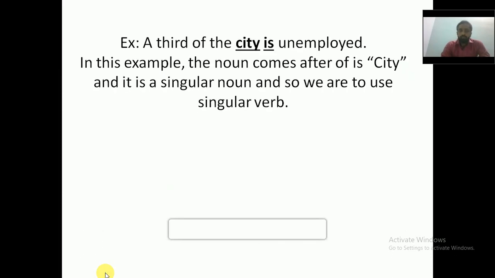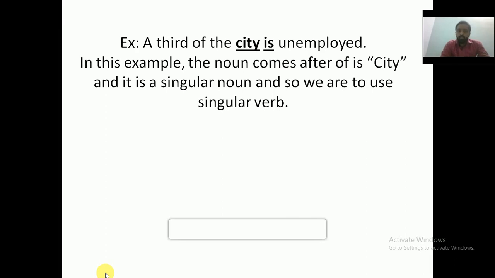A third of the city is unemployed. In this example, the noun that comes after of is city, and that is a singular noun. So what does the rule say?